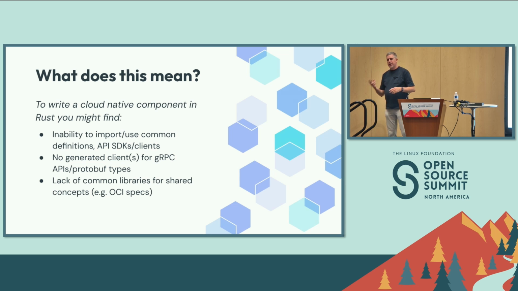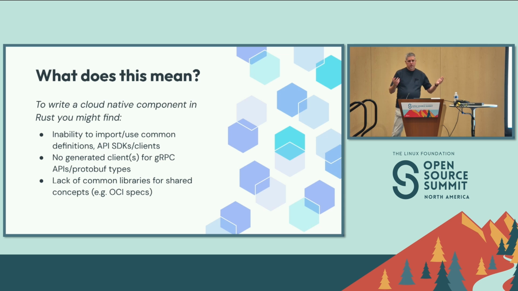Many projects don't have a generated client. So if you think about something that has protobufs and a gRPC API layer, maybe no one's ever generated that in Rust so that you can easily import that crate and then start making calls to that component. And also you may find a lack of common libraries.